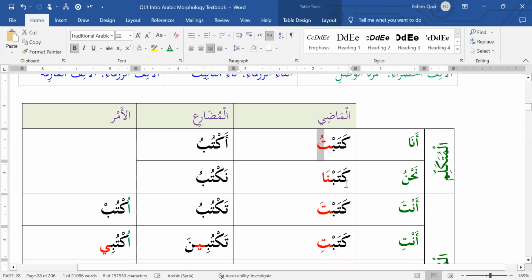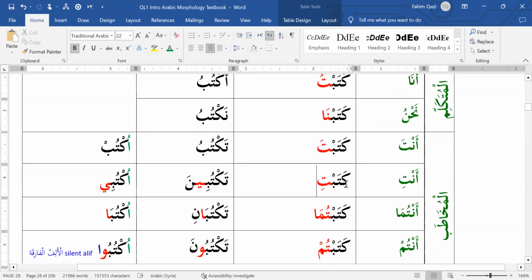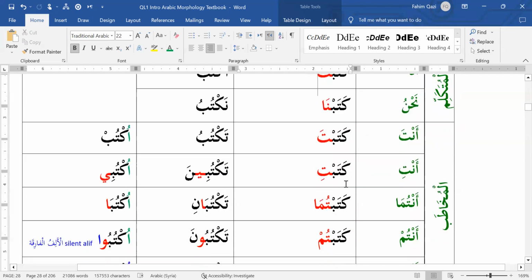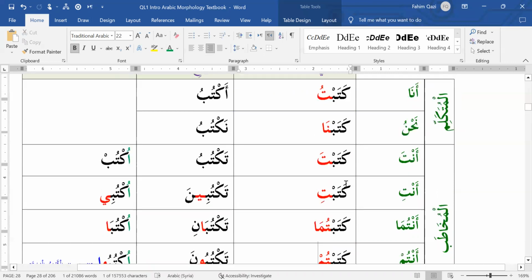Katabtu, tu is the fa'il, na is the fa'il in katabna, katabta, ta is the fa'il, katabti, ti is the fa'il. And of course, tu is the same as ana, except that it's the connected version of ana. Na is the same as nahnu. Ta is the same as anta in meaning, except, of course, this is disconnected, this is connected, and so forth.